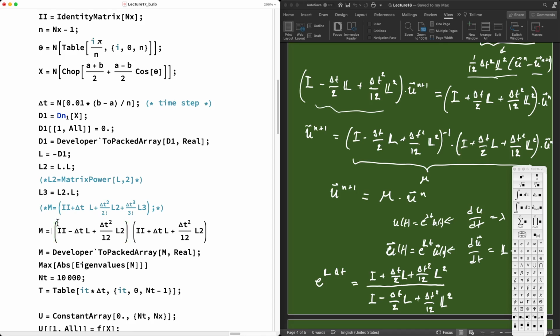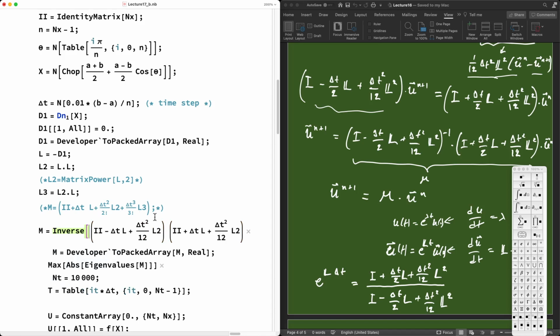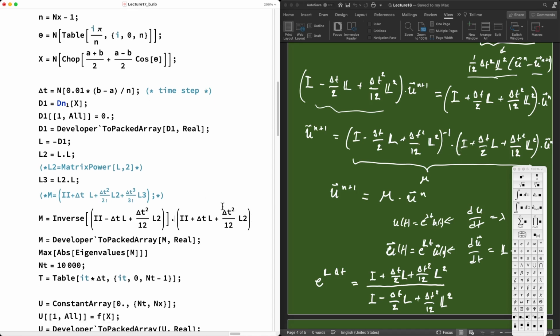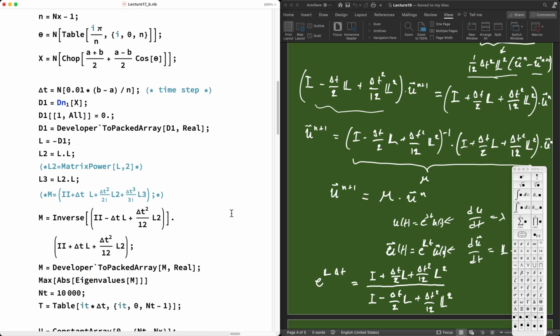We can compute that simply by saying inverse. And then these two matrices are dotted into each other, so I can use dot to calculate this dot product. And this is it. That's the only change we need in the code.